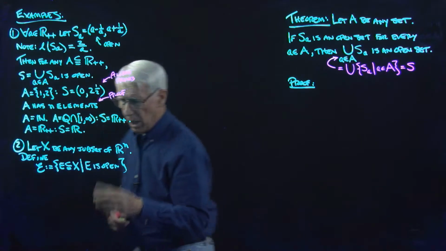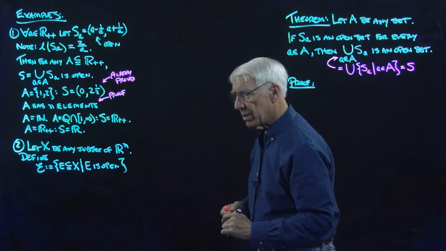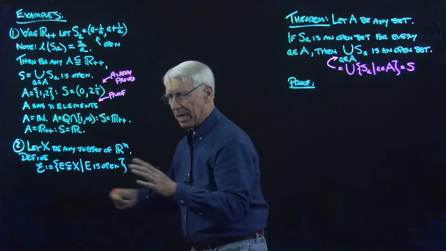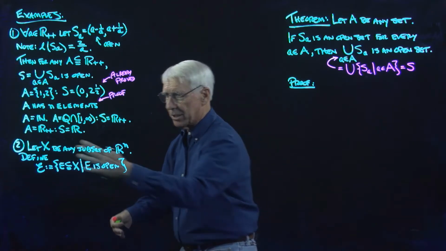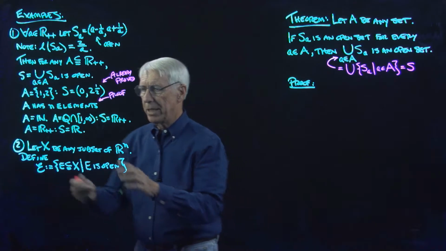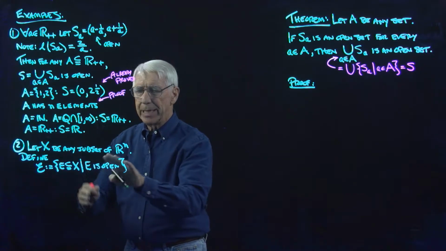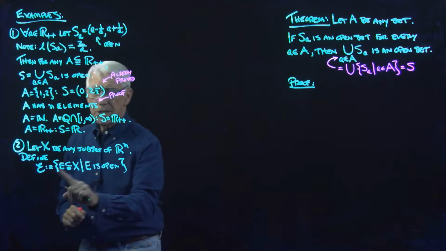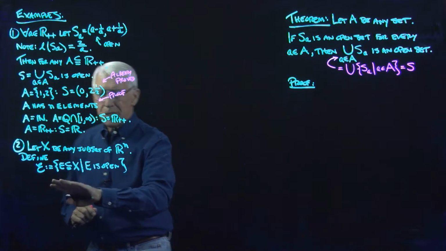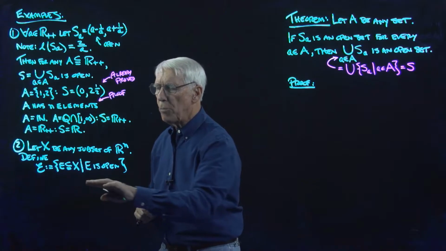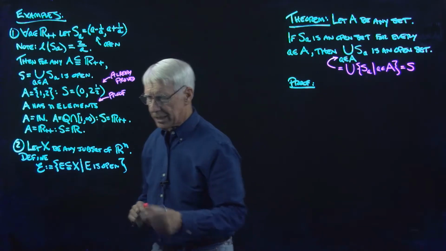It's the set of all open subsets of our set capital X, whatever capital X is. X could be the unit circle, X could be the positive quadrant, X could be any subset of Rn. Script E is the collection of all the open subsets of capital X.